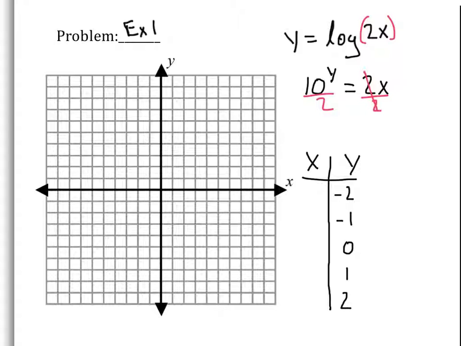Have we ever divided by a fraction? No. What do we do instead? Multiply by the reciprocal. So don't divide by 2. Multiply by 1/2. So we want 1/2 times 10 to the y, and that's going to equal x. Now we can take 1/100th times 1/2, which gives us what?